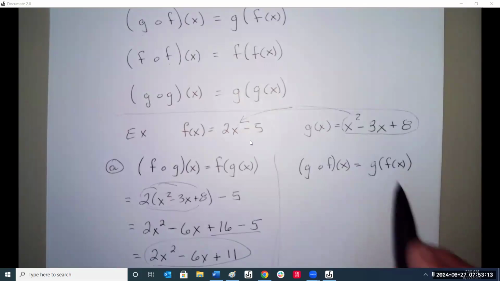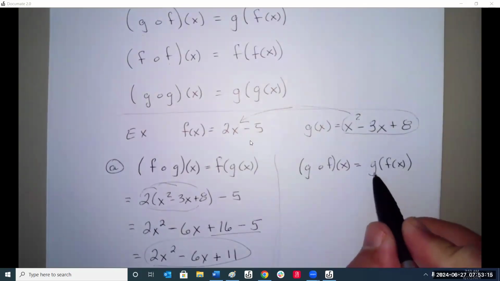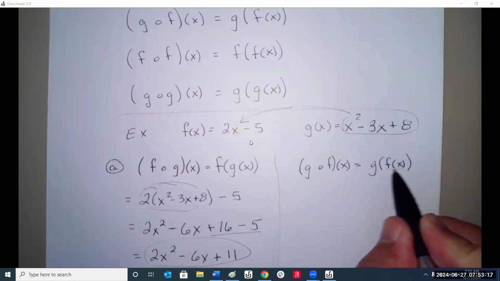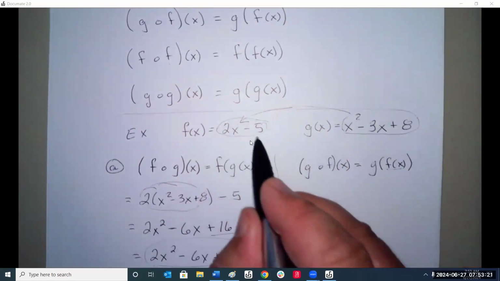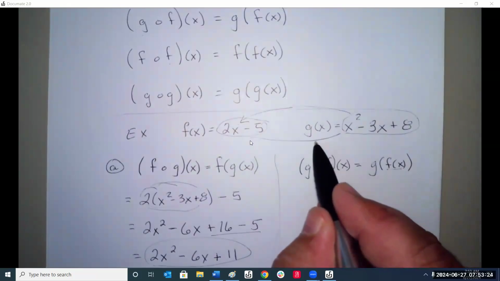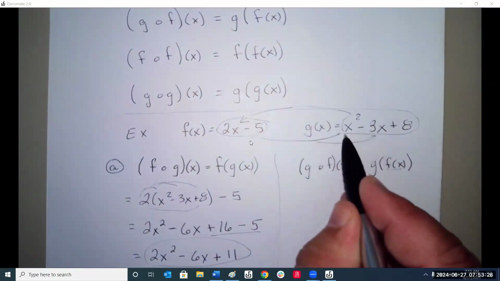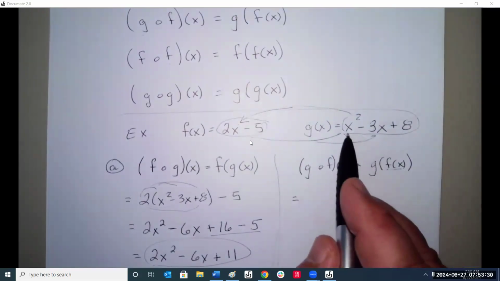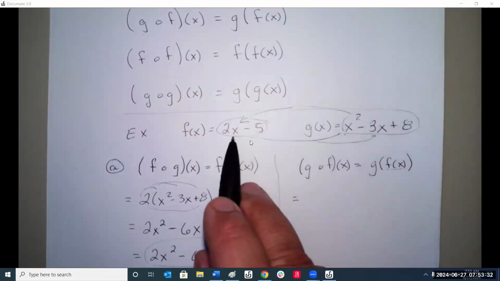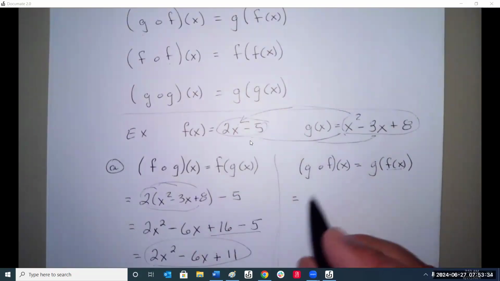Okay, what this one says is inside the g function, anywhere we see an x, put the f of x function. So we take this function, anywhere we see an x, we put this function. So here we have x squared. So inside of x, we put 2x minus 5.